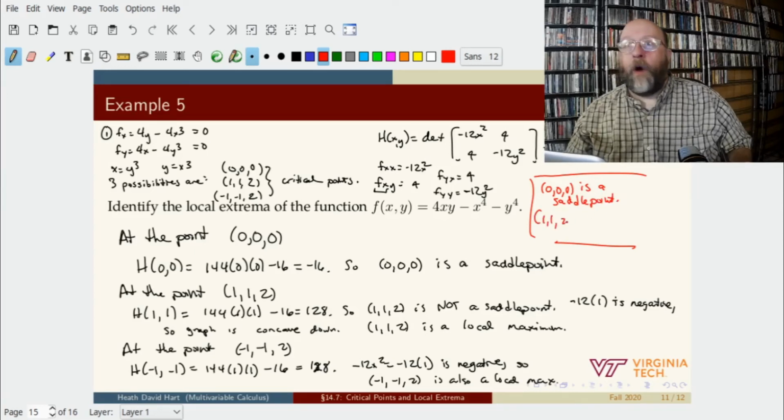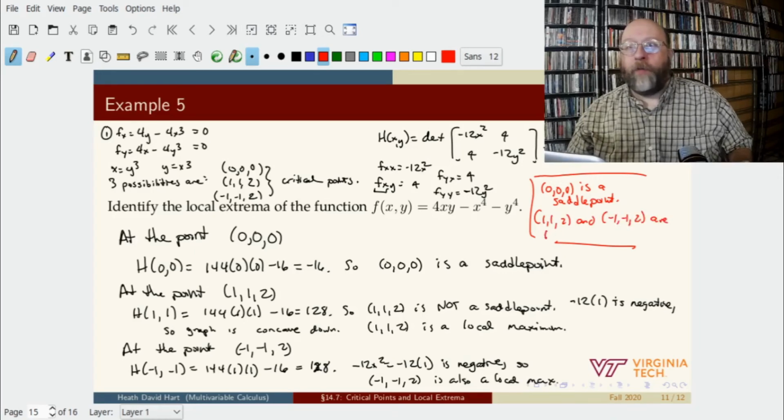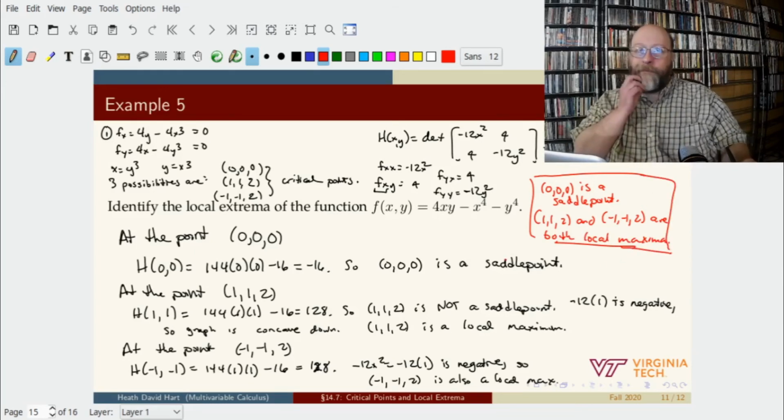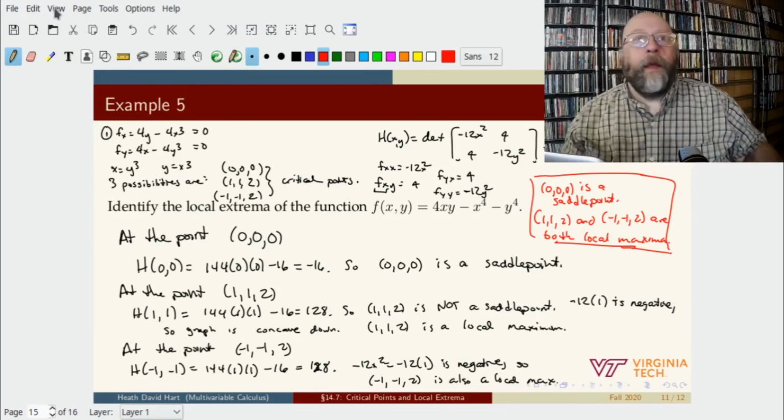And 1, 1, 2 and -1, -1, 2 are both local maxima. Okay? All right.